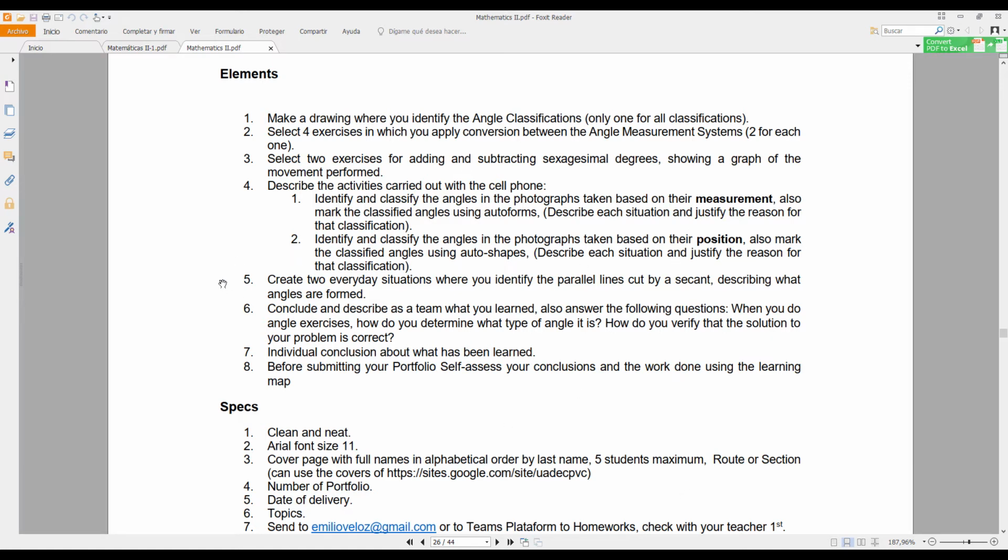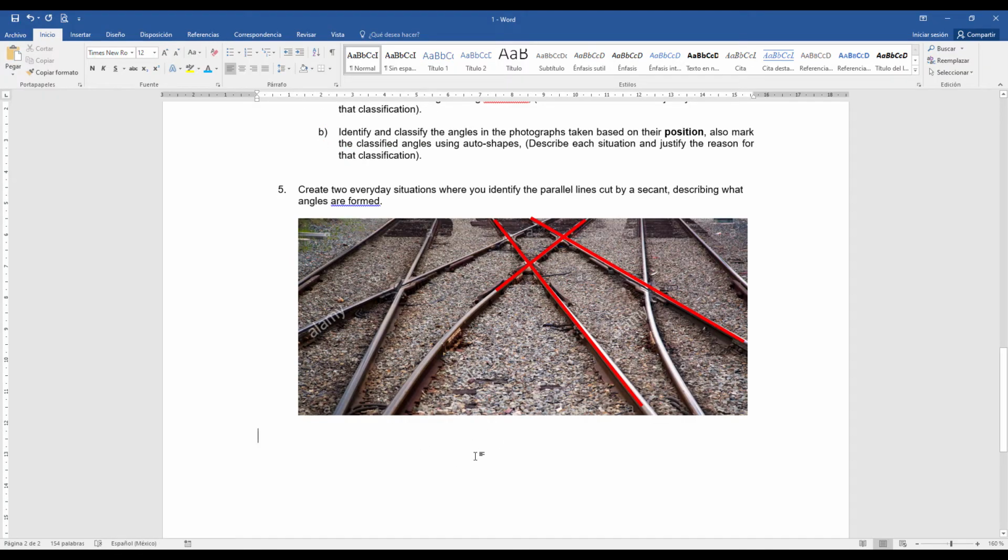Number 5: create 2 everyday situations where you identify parallel lines cut by a secant, describing what angles are formed. For example, here I will use train tracks as the everyday situation. It's a little difficult to find a picture with exactly parallel lines, because all the pictures have perspective.